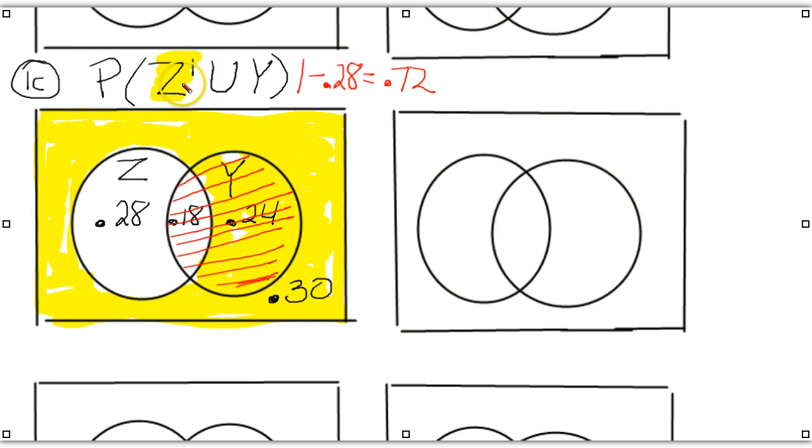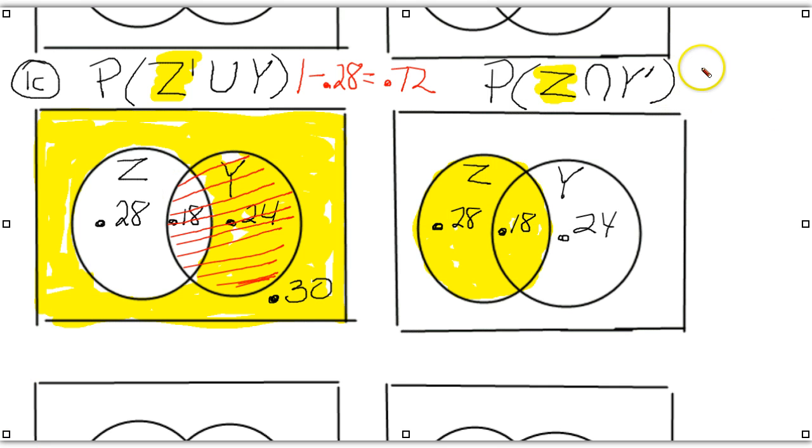So again, the complement of Z, all of the yellow, in union with Y, gives us everything except the 0.28, which we subtract from 1 to get our answer of 0.72.